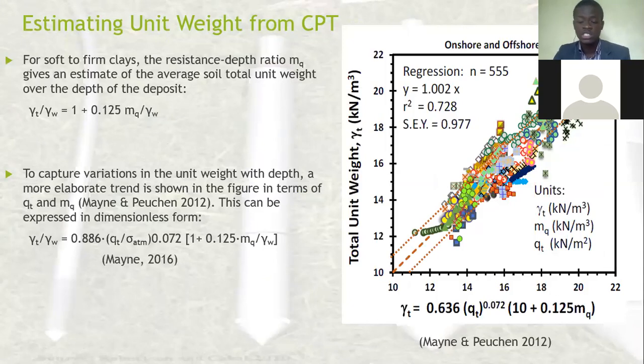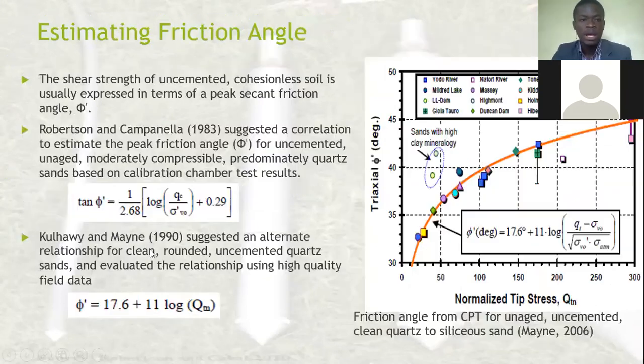To capture variations in the unit weight estimates, Mayne and Peuchen in 2012 gave this expression for the unit weight in a dimensionless form.